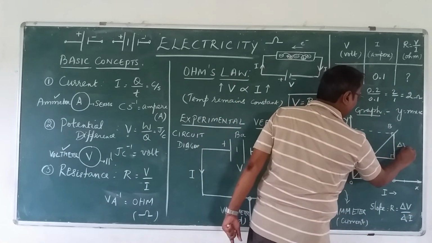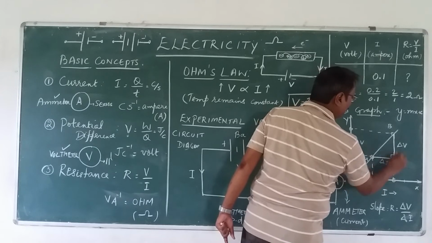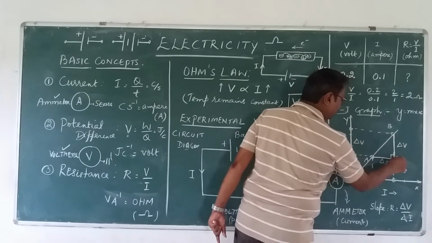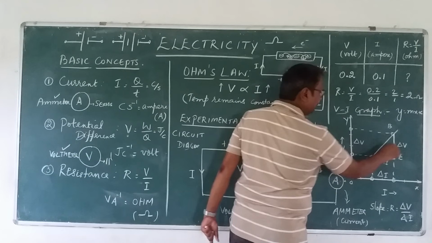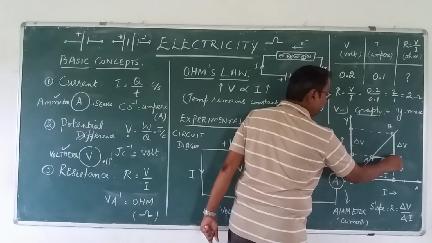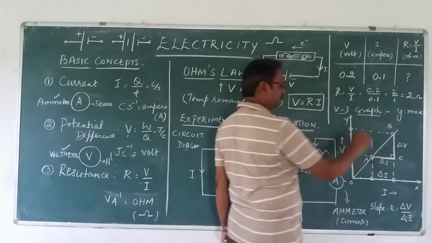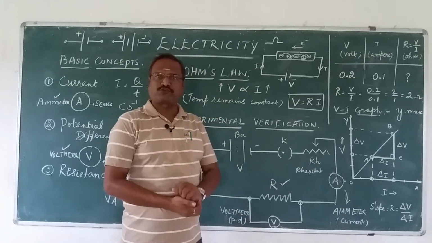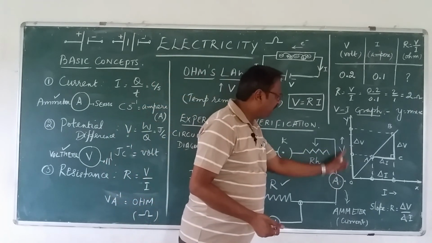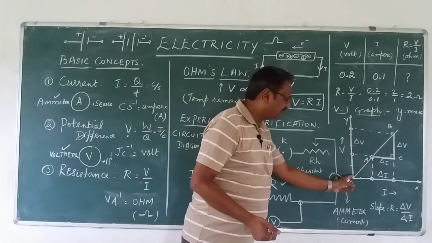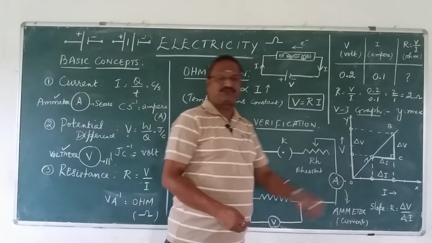This is the delta V value and this is the delta I value. So the perpendicular upon the base gives us the resistance. So the slope of a straight line drawn between potential difference and current gives us resistance.